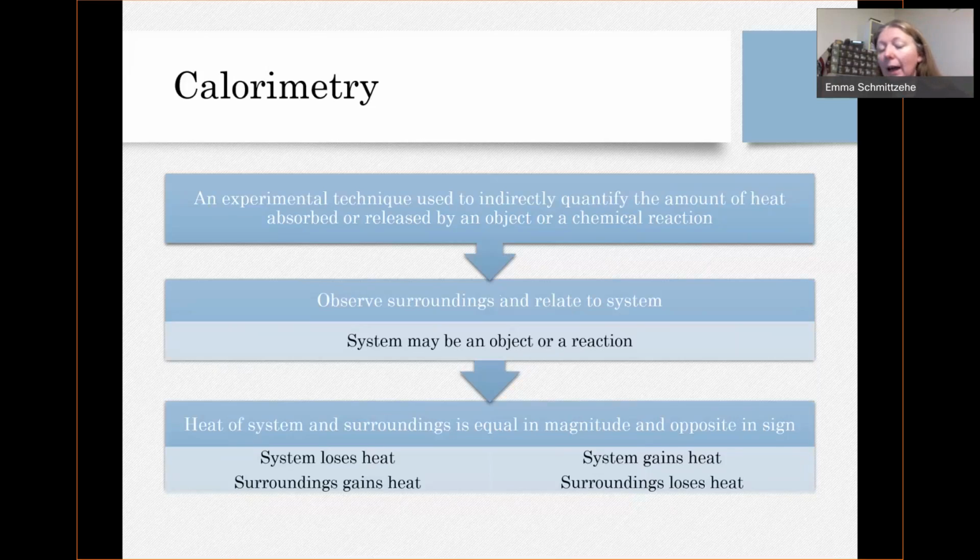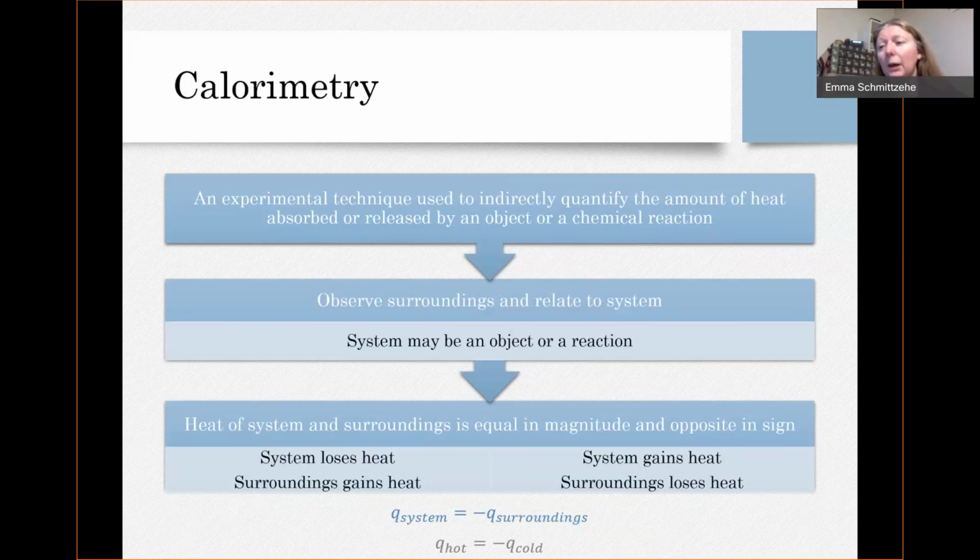In reality, we're doing this in some contained system where one thing we're focused on and we're monitoring what surrounds it in that kind of container. And then we're relating the two. You can write this in an equation form. You could say the Q of the system is equal to the negative Q of the surroundings. Another way sometimes this is written is Q hot equals negative Q cold.